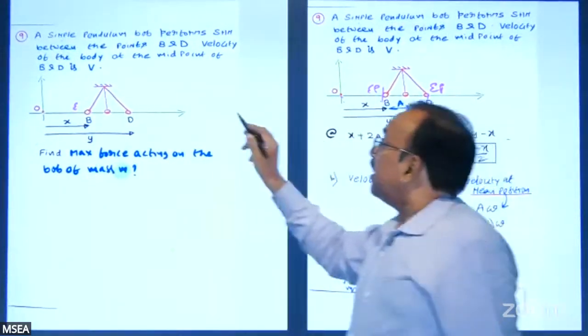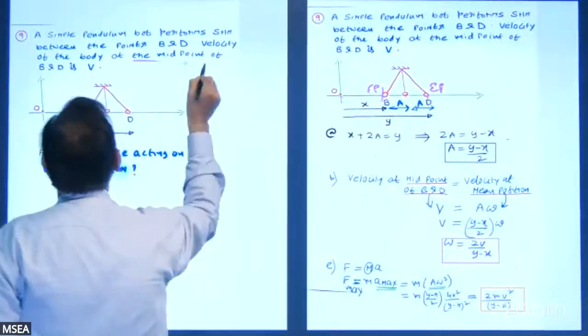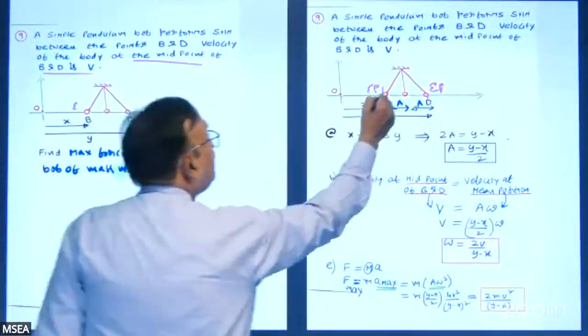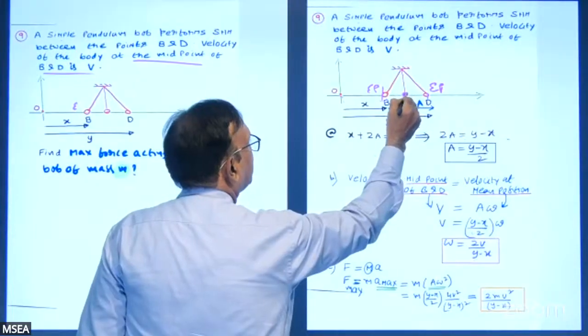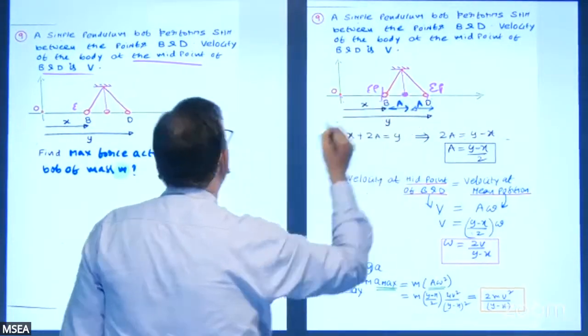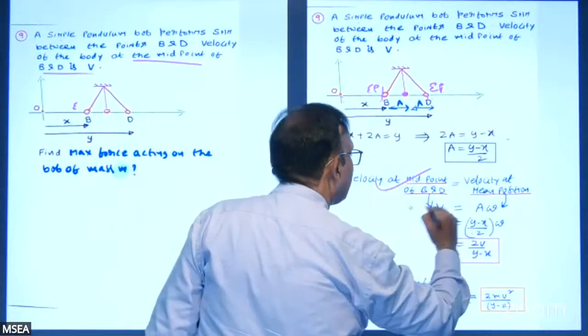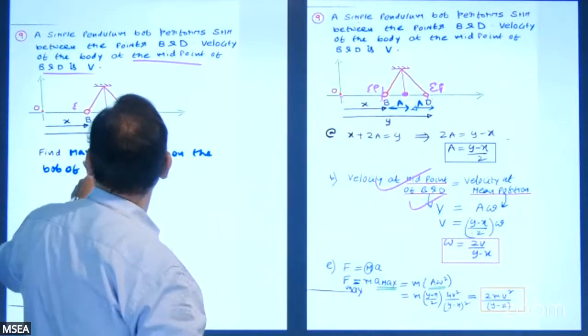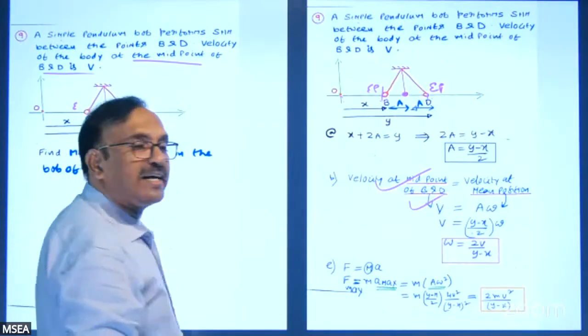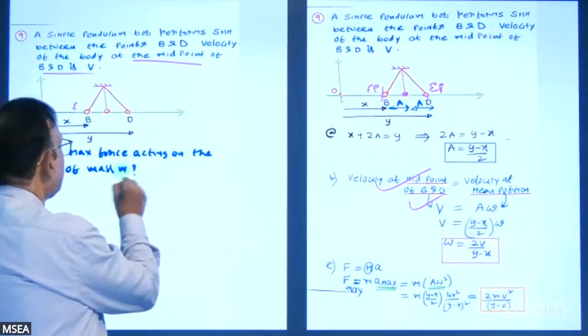Now, the velocity of the body at the midpoint of B and D, which is exactly the mean position, is given as V. You want to know the maximum force acting on the bob, and the mass of the bob is given as m.